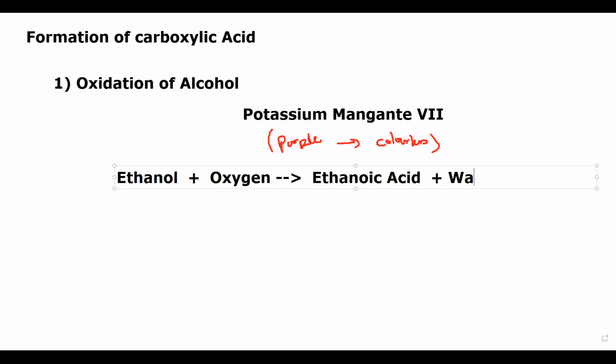The oxidizing agent will show a color change from purple to colorless. So any alcohol can be oxidized to carboxylic acid in the presence of this oxidizing agent. Oxidizing agent means the substance which helps in oxidation. By itself it is reduced.